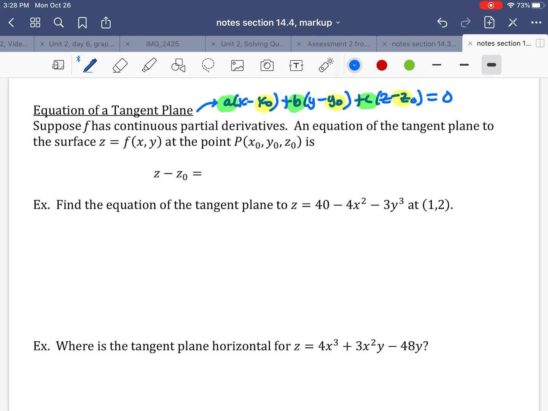All right, so suppose a function has continuous partial derivatives. An equation of the tangent plane to the surface z equals f of x, y at a certain point is going to be this: z minus z0 equals fx, the derivative with respect to x, times (x minus x0) plus fy, the derivative with respect to y, times (y minus y0).